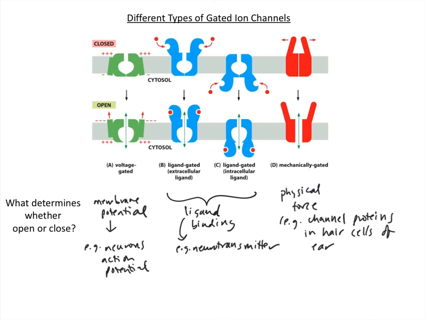Those particular hair cells are going to receive a sound wave, and so they will physically move, and that triggers the opening of these channel proteins. This is by vibration of sound waves.